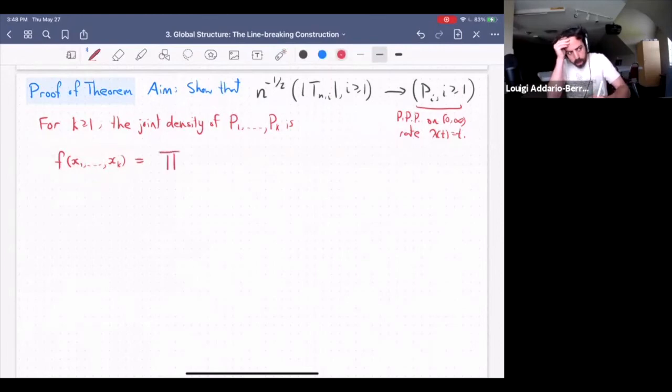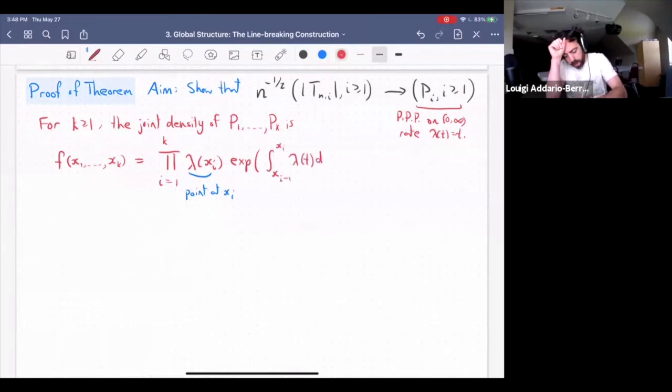So we can write that as a product for i from 1 to k of the rate at which a point arrives at location xi. So that's lambda of xi. That corresponds to having a point at xi, and then we want no points between these successive times x1 up to xk. So that we'll write as an integral from xi minus 1 to xi of lambda of t dt.